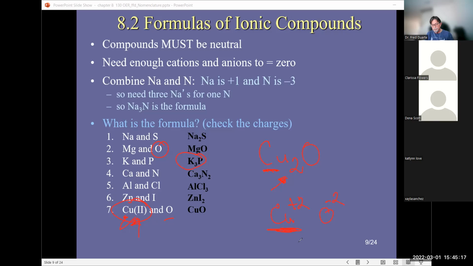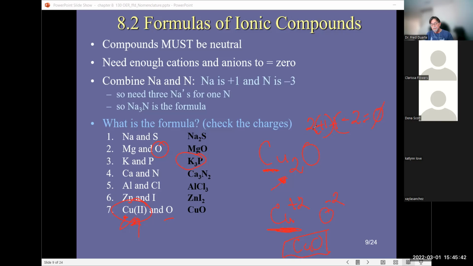Compare over here, there's only 1. The thing they both have in common is that the oxide has a -2, and they have to equal 0 when combined. So I have 2 and each one must be a +1.